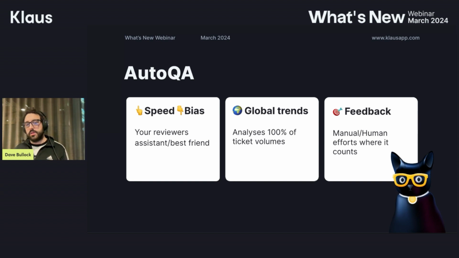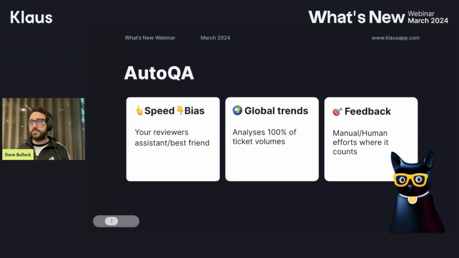So this is really one of the key benefits, that it's going to make your reviewers' lives easier and more interesting, and also make sure that you, as a team, whether you have a quality assurance team, or whether it's your support managers who do quality assurance, or whether you do peer reviews, are providing meaningful impact to the company as well.